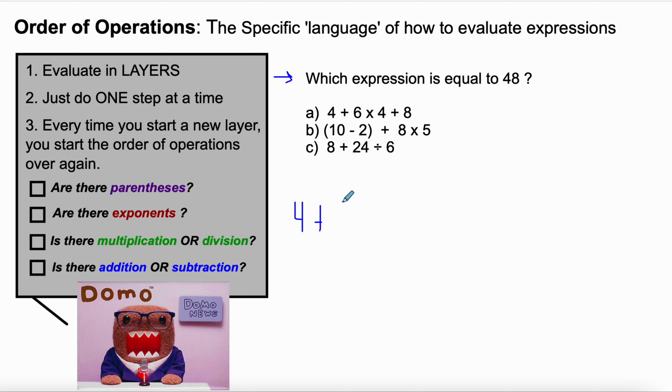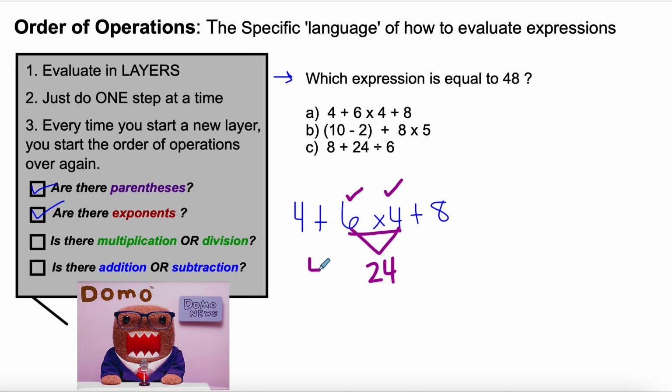4 plus 6 times 4 plus 8. Cool beans. Let's start our order of operations. Are there parentheses? Nope. All right, we solved that part. Are there exponents? Nope, we solved that part. Is there multiplication or division? Yes, there is. We see multiplication. Where? Right here. With our 6 times 4. So we're going to group that. 6 times 4 is 24.